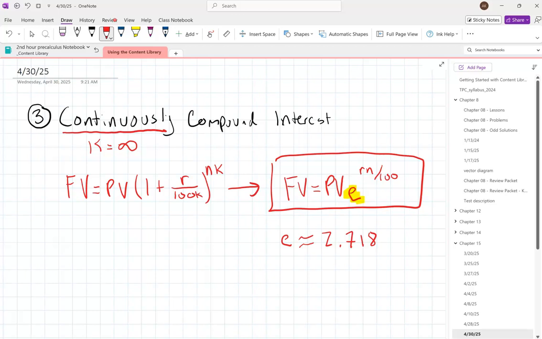So things that are continuously changing or continuously growing, that is going to be done with E. So give me an example of a thing that would be growing exponentially, but the change would be happening continuously, rather than at a fixed time every year, like compound interest.